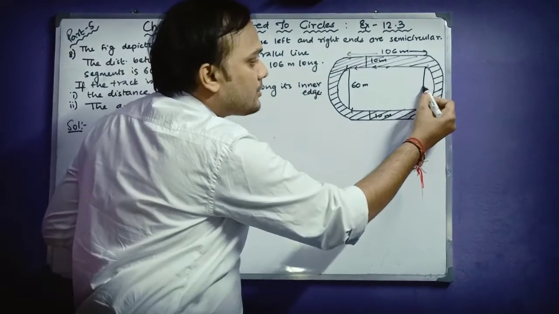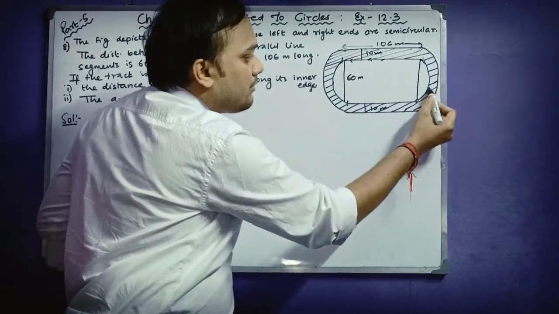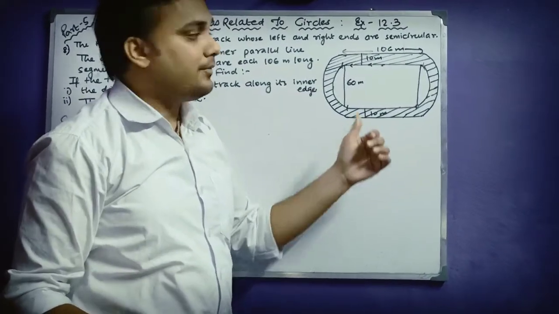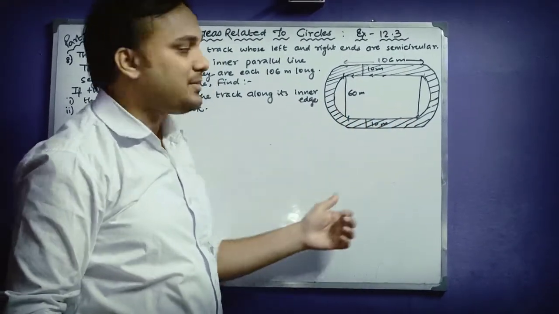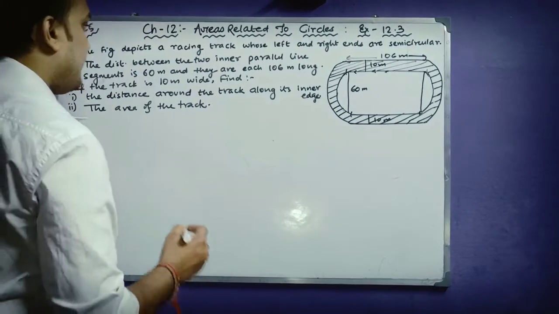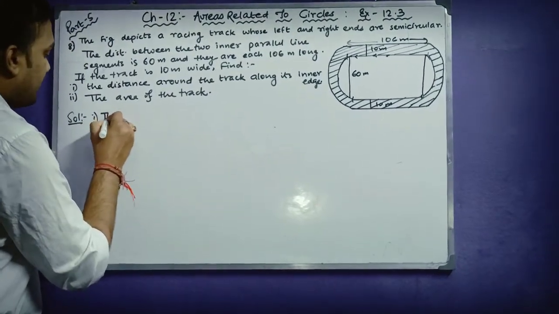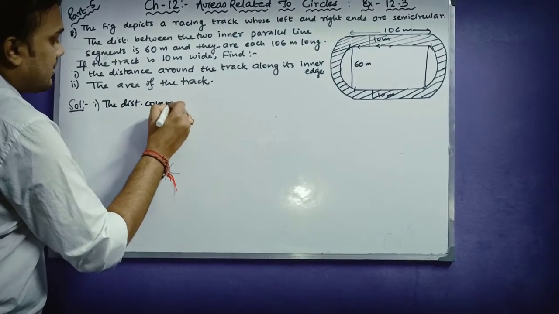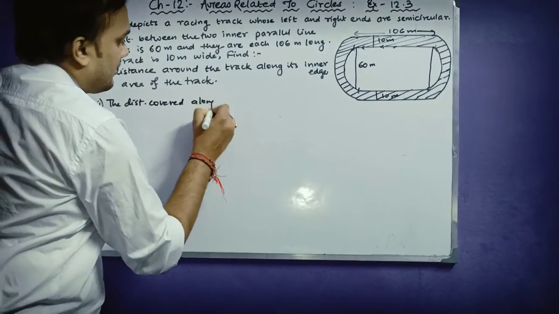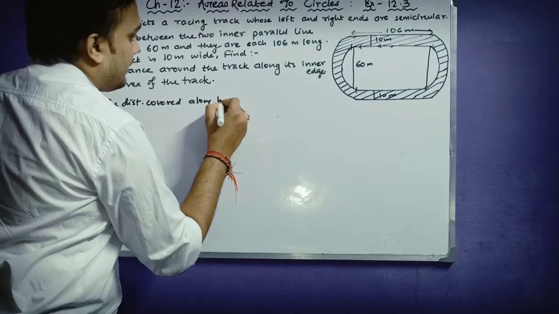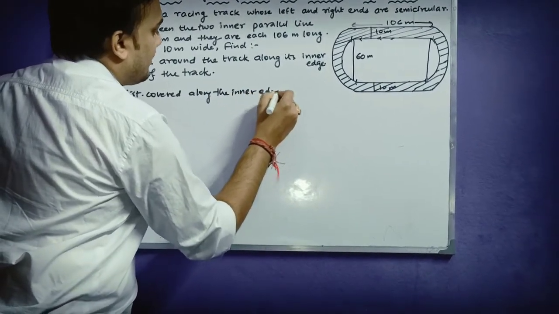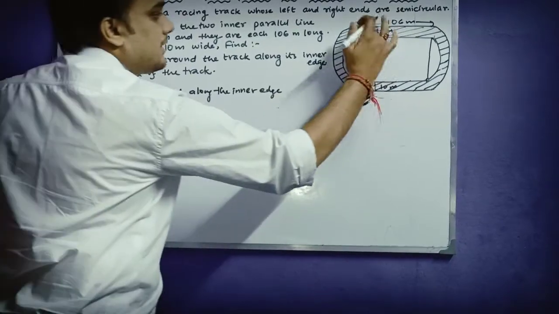Similarly here also this is a semicircular region. So in short, the total distance covered along the inner edge will be equal to this 106 meter.